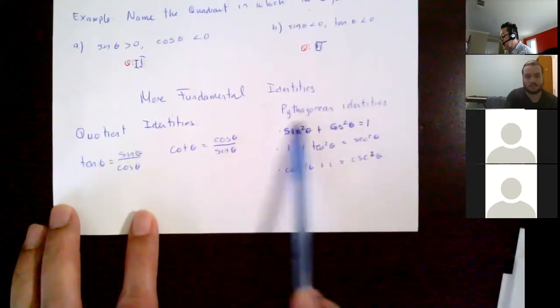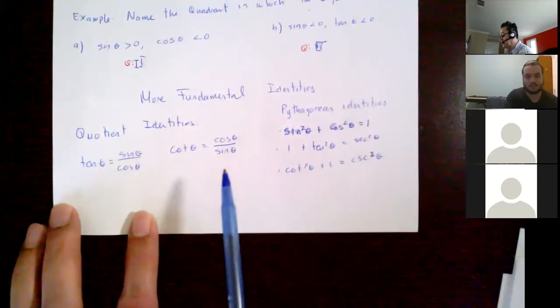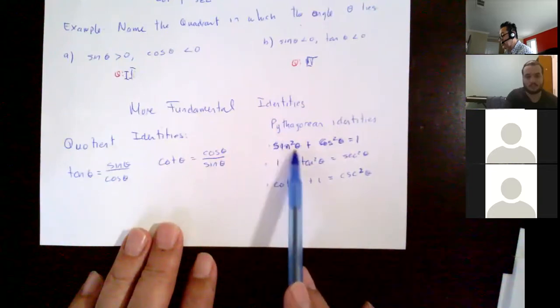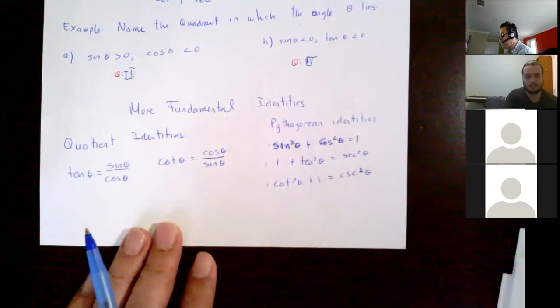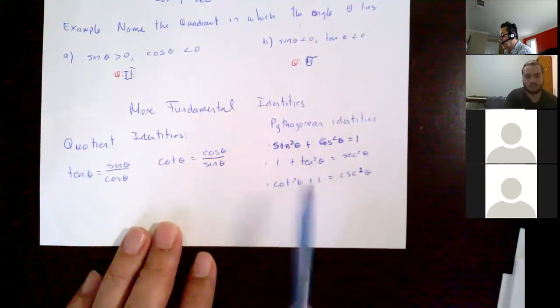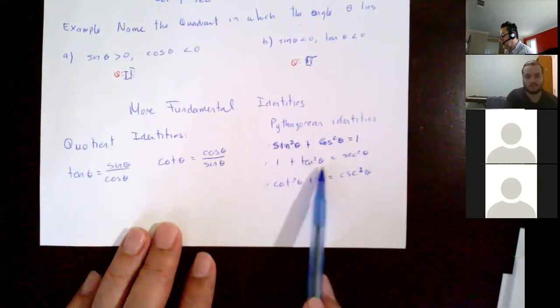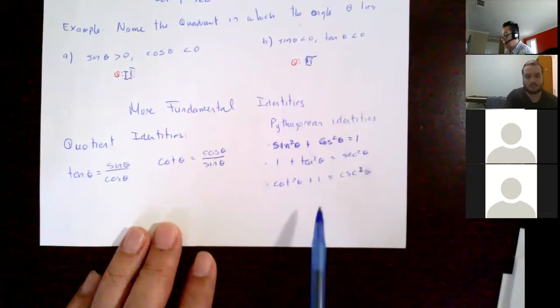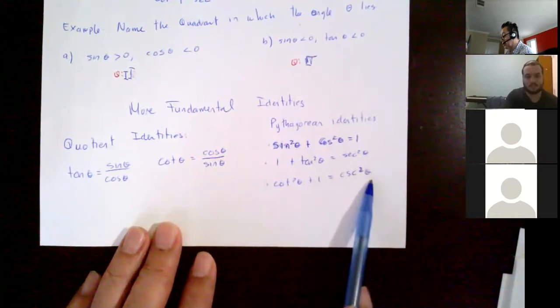On the right side, we have the Pythagorean identities. And these are sine squared of theta plus cosine squared of theta equals 1. And also we have 1 plus tangent squared of theta equals secant squared of theta. And cotangent squared of theta plus 1 equals cosecant squared of theta.